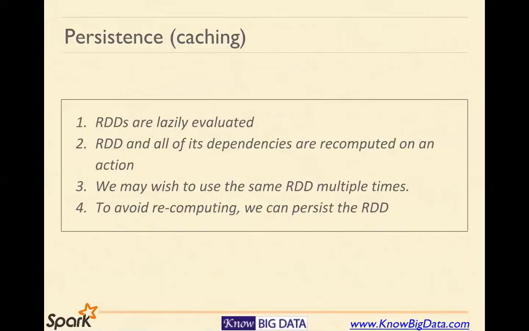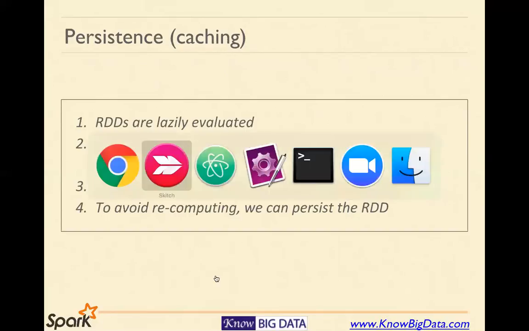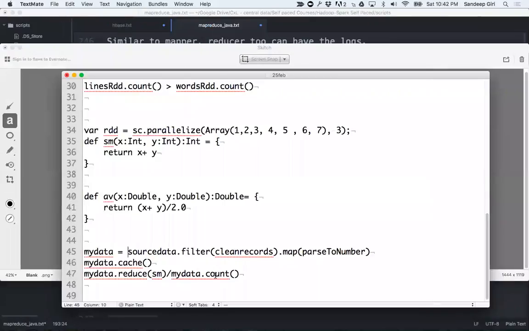All right. So now persistence. RDDs are lazily evaluated, and RDDs and all of their dependencies are recomputed when you call an action. We may wish to use the same RDD multiple times to avoid recomputation. We can persist the RDD. Remember the one example we discussed?